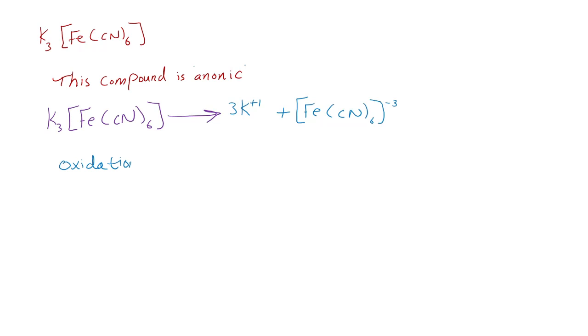Now, calculate the oxidation state of the iron. Three times plus 1, plus iron, plus 6 times minus 1 equals 0. So the oxidation number of iron will be plus 3.